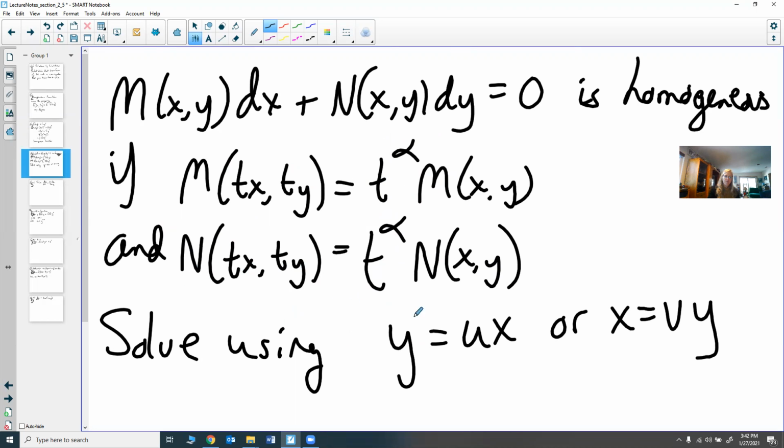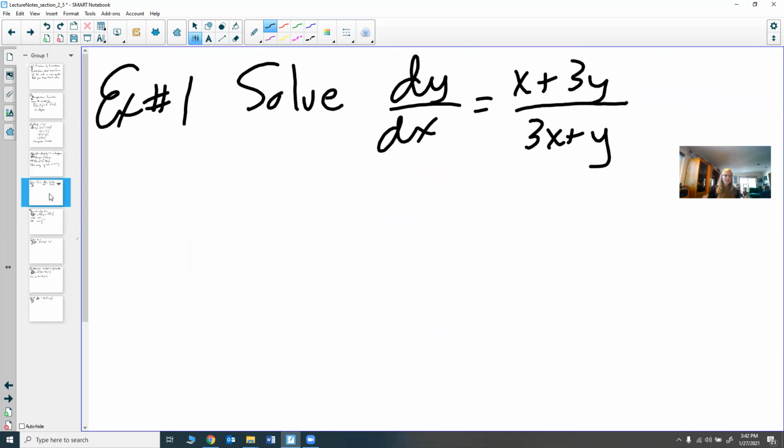If we have this, then we can solve using a substitution. The substitution would be y equals u times x, or x equals v times y. To decide which one to use, it depends on which one might be easier in that situation.